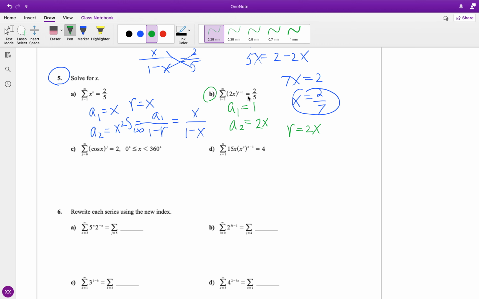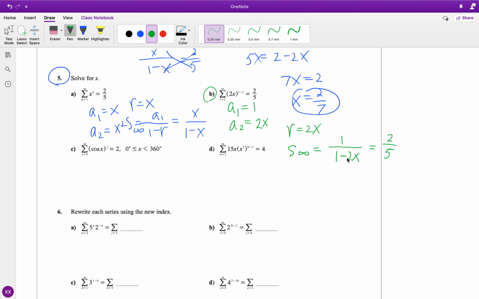So then, same strategy as this one here, using the sum to infinity. That means my A1 is 1, and my 1 minus r is 1 minus 2x. Now this equals 2 over 5.